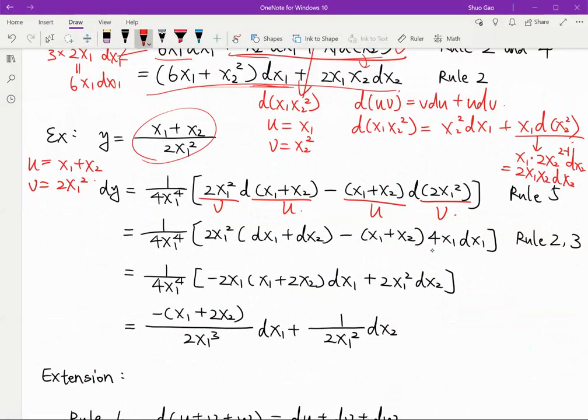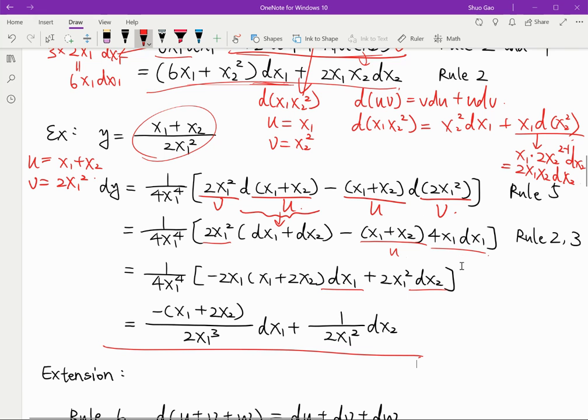So this becomes, again, 2 x1 squared times, by the sum difference rule, dx1 plus dx2, and then minus, again, this is u, and we apply the power function rule, so this becomes 4 times x1 times dx1, right? And then we can combine the common terms together, dx1 terms together and dx2 terms together, to find the result, which is this one, right? Okay.